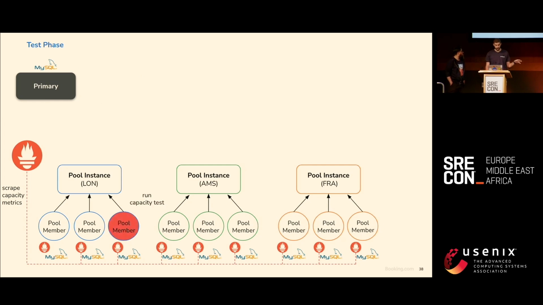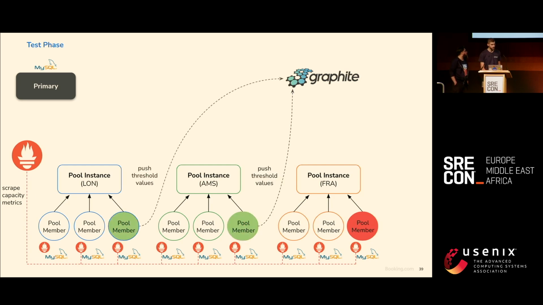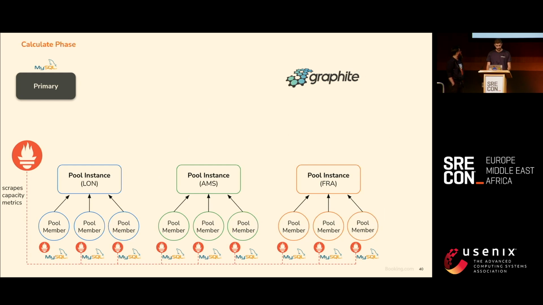The selected pool member in each region runs the capacity test until a termination condition is met. And once done, it pushes the threshold values indicating maximum capacity to Graphite. We do this daily.